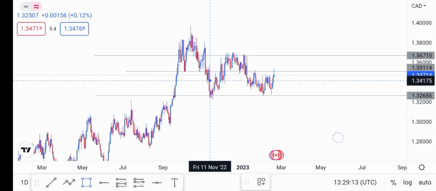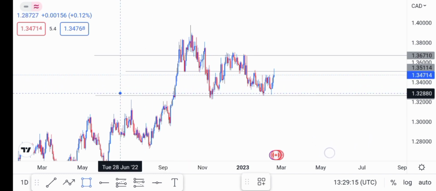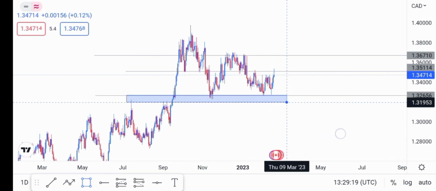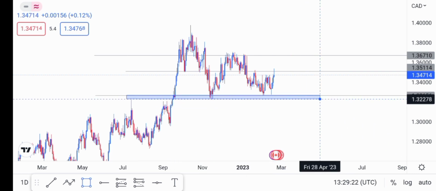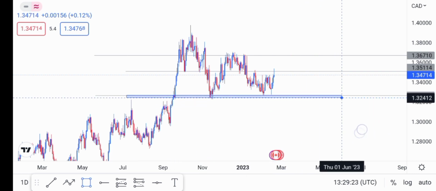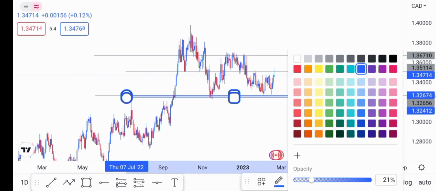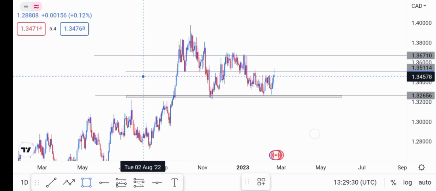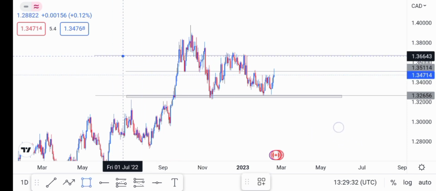So I'll just use the squares to cater for it. I'll just use the gray color as well. I'm trying by all means to keep my chart as clean as possible for y'all to see.